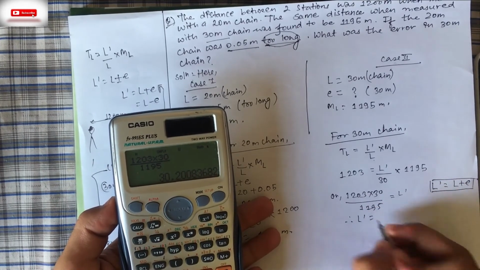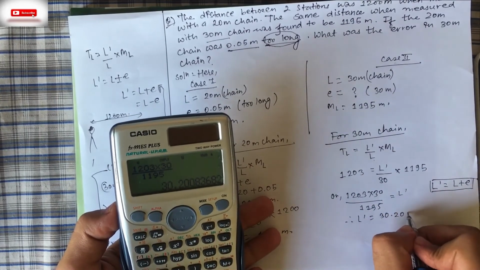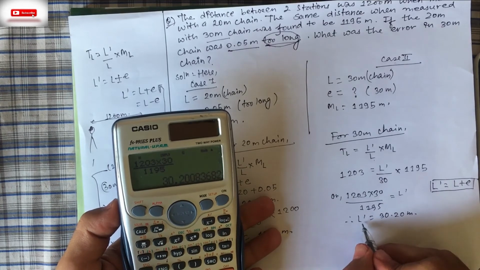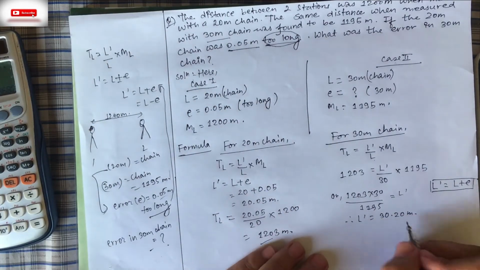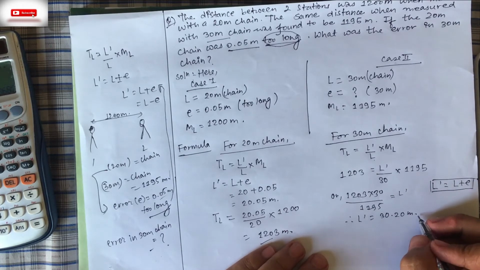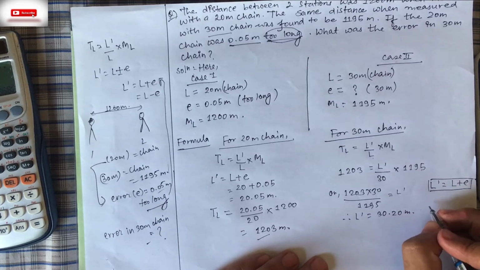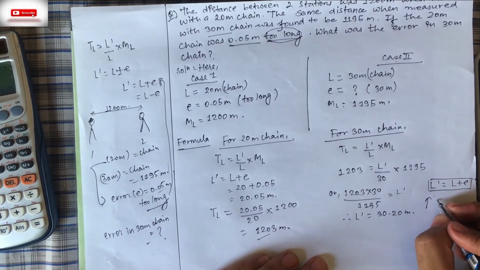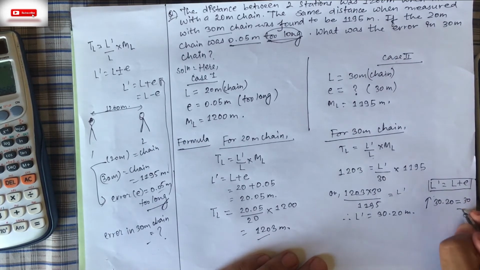That will be L dash equals to, we are getting 30.20 meter. Okay, so it's a positive value. So this is also too long, so we are writing L plus C. L plus C means L dash, which is 30.20, is equal to L, which is our 30, plus error.